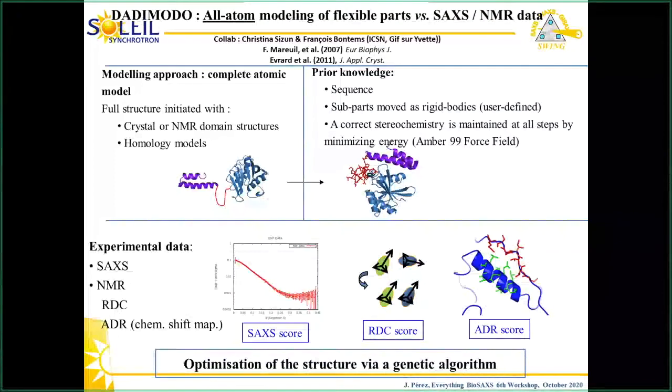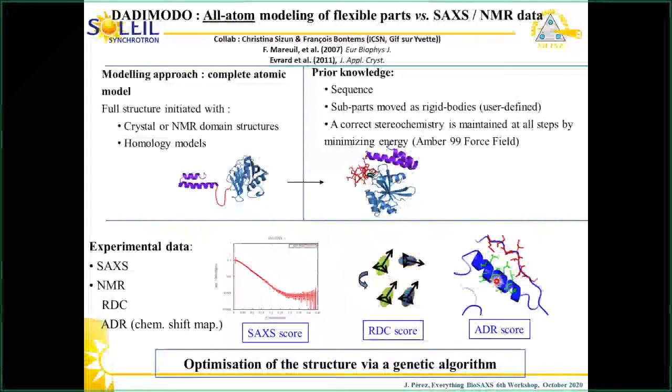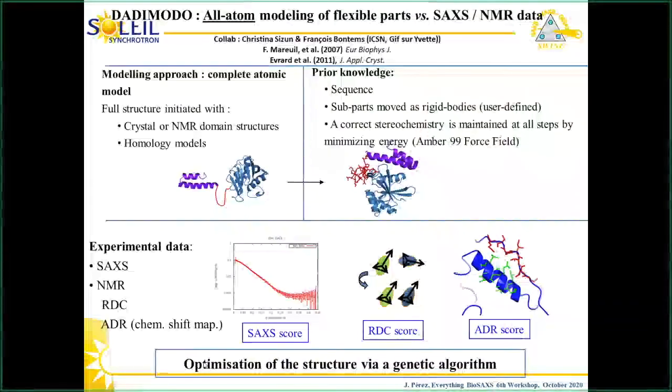So we have these experimental constraints that we can use in combination or separately, and we also have these computational constraints which is through the energy. And all these constraints are put into a genetic algorithm which will optimize the structure so to fit everything.